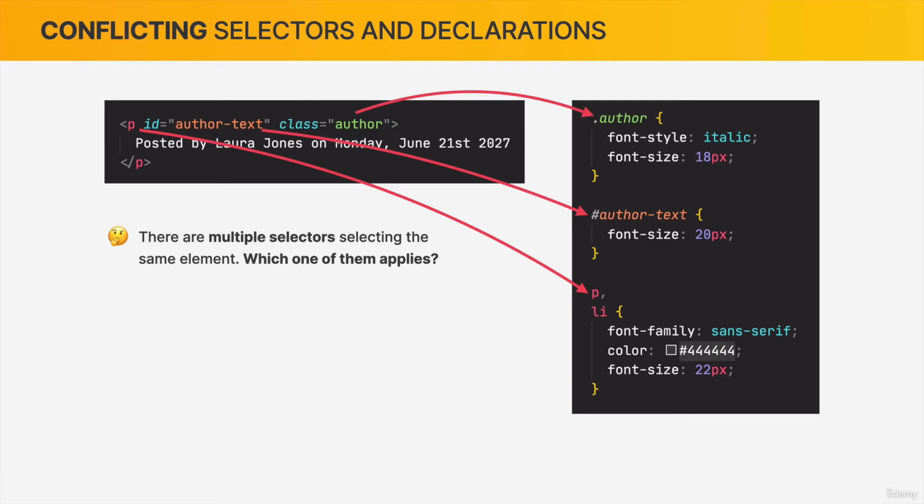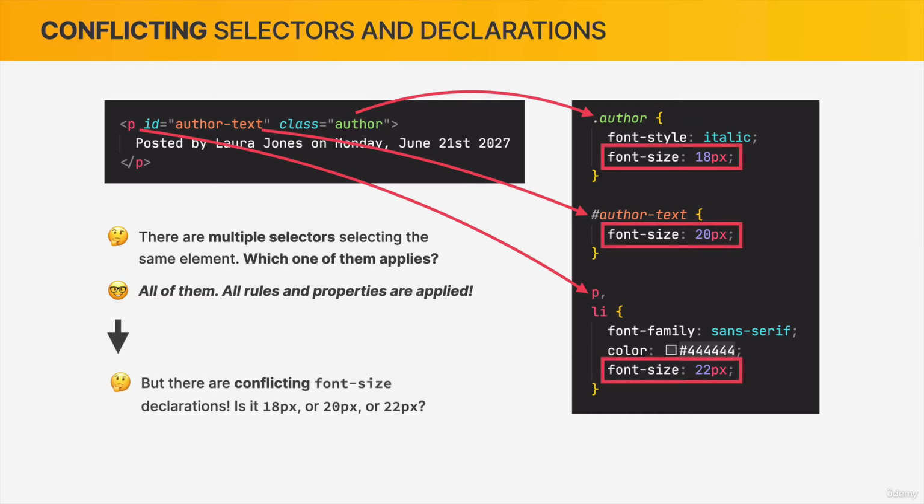And so now the big question is, which of these rules applies? Well, the answer to that is actually that all of them apply. So all rules and all the properties that are in the rules are applied to this element. However, if we take a close look, we can see that there are conflicting font size declarations, right?